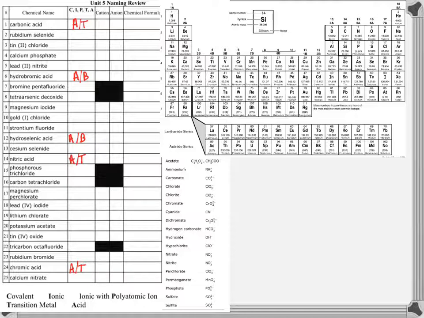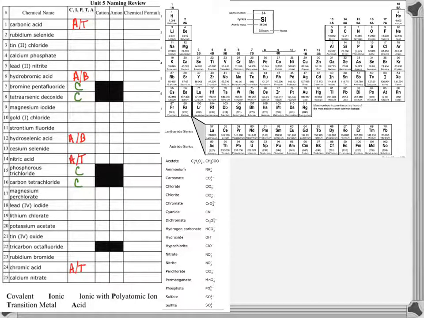Alright, next, what's easy for me to identify are those covalent compounds because, again, they give me those prefixes. So I'm going to look for mono, di, tri, and so forth. So here I have bromine penta, so I know that's going to be covalent. Tetradecoxide, again, covalent. Phosphorus trichloride, covalent. Carbon tetrachloride, covalent.